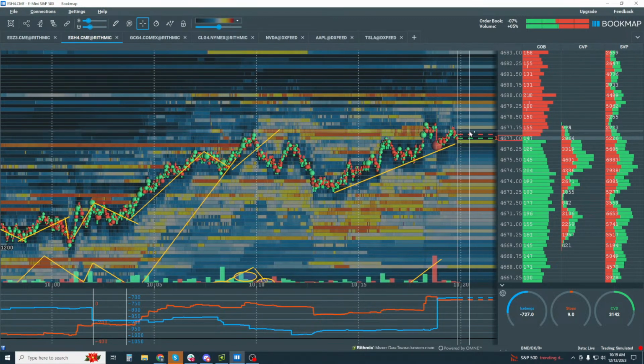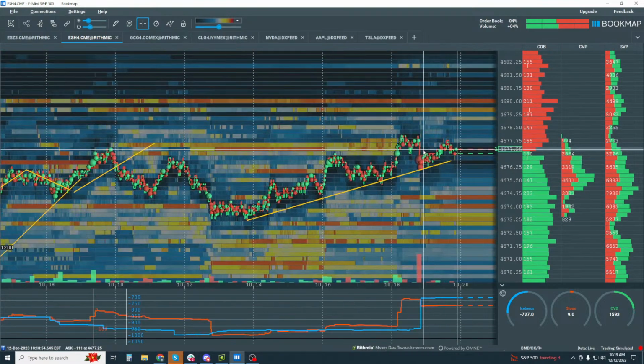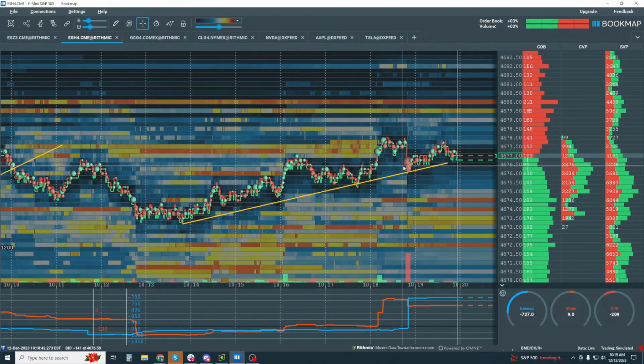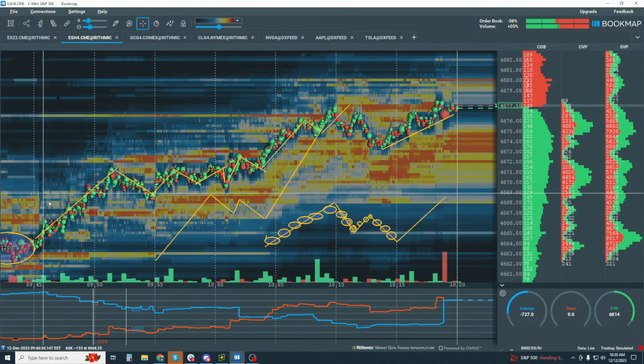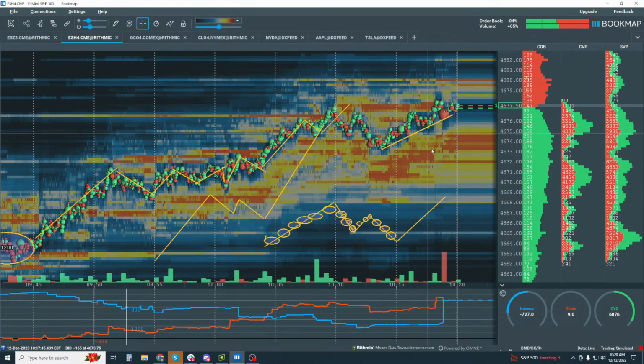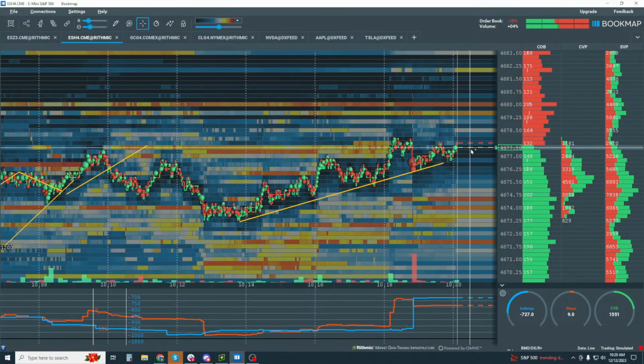If we can do that, then we can not get shaken out of some of these smaller moves in here like this, because we know what we're doing. We're leaning on all of this here as our foundation for our trade idea, and we're just waiting for more buyers to come back in.